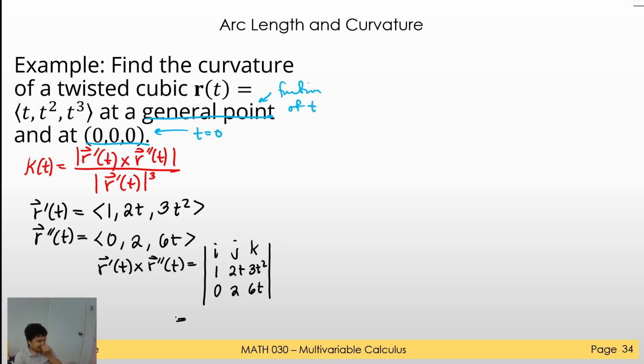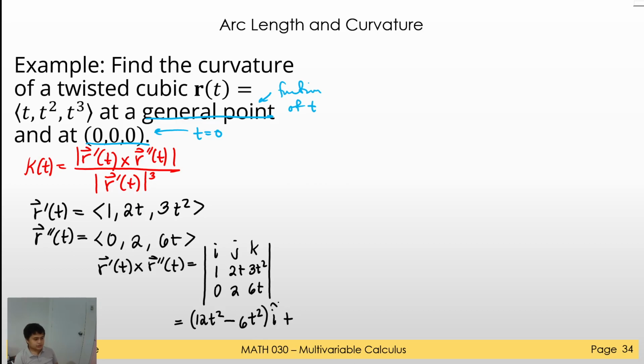Okay, doing the crisscross method now. We have 2t times 6, which is 12t, minus 6t squared, for i hat.